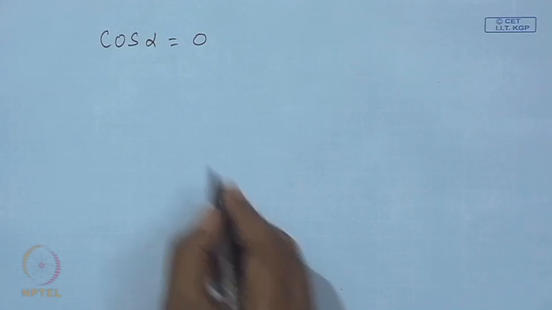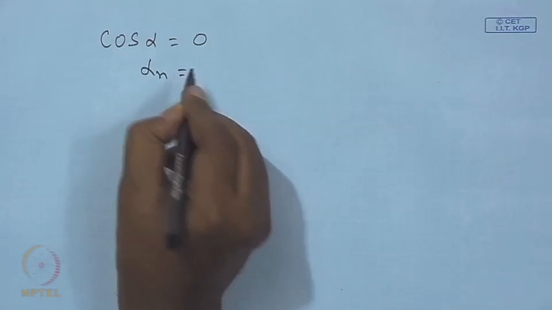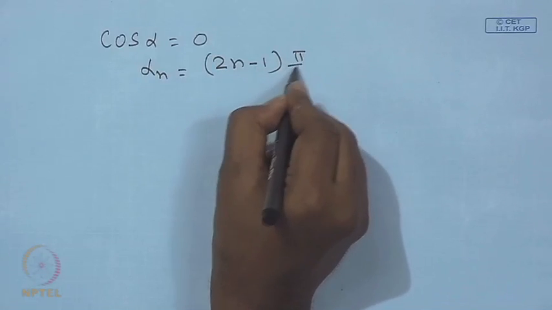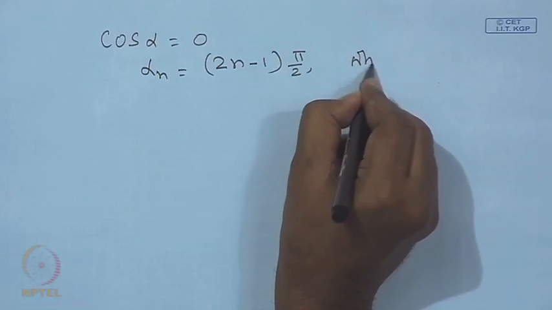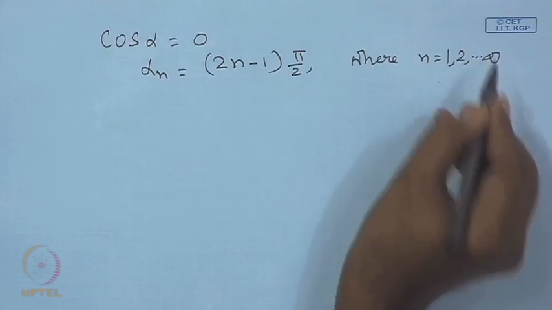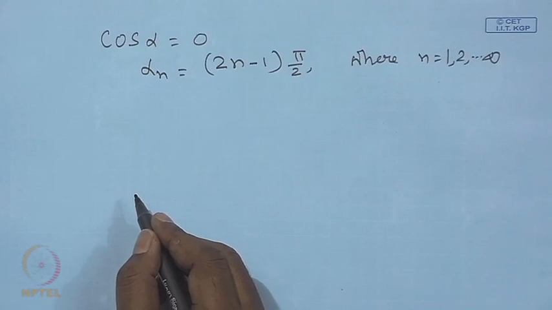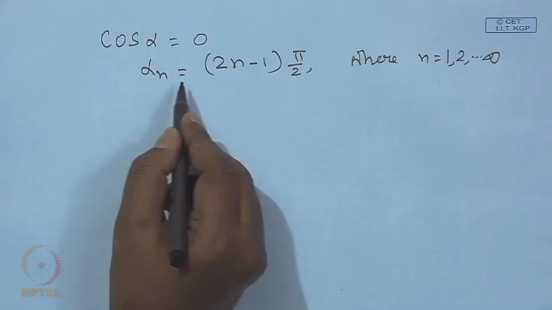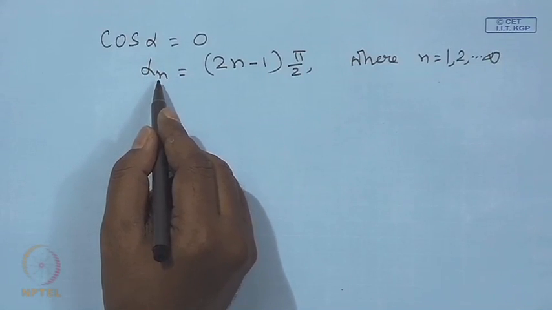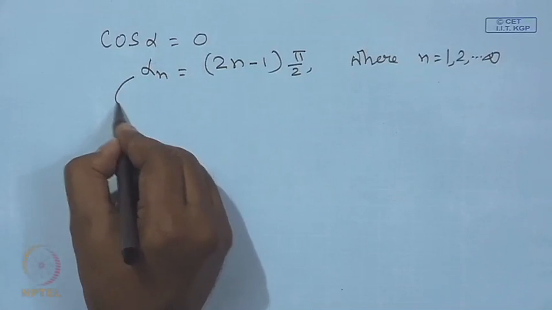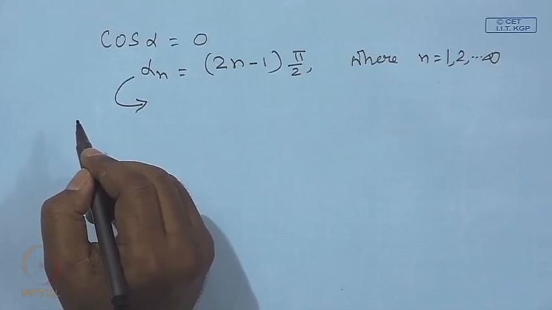So, the general form of this equation is alpha n is equal to 2n minus 1 pi by 2, where the index n runs from 1 to infinity. So, this is the general form of the solution. Now, each of these values of alpha for which cosine alpha is equal to 0 is an eigenvalue for this particular problem.